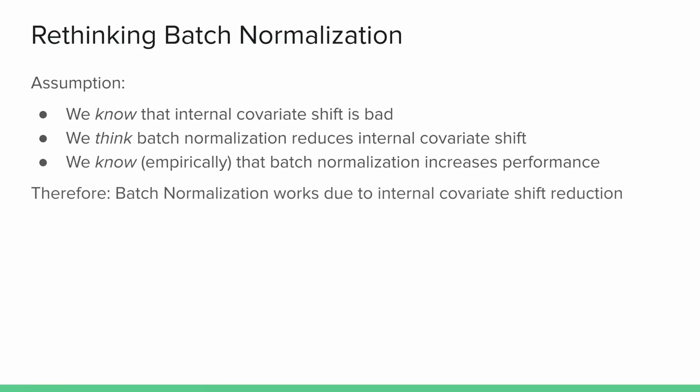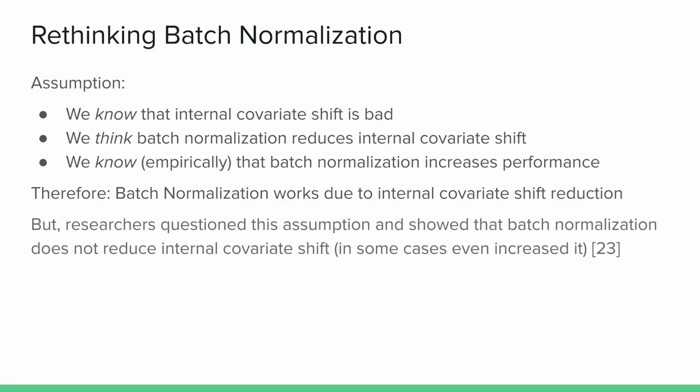So, well, batch normalization therefore works due to reducing this internal covariate shift. However, there were some researchers that had doubts about this hypothesis, and they did what every good researcher does. They went and took a look at whether this hypothesis is true or not. They questioned this and they showed that it does not, in fact, reduce this internal covariate shift. In some cases, they could even show that it increased the internal covariate shift.